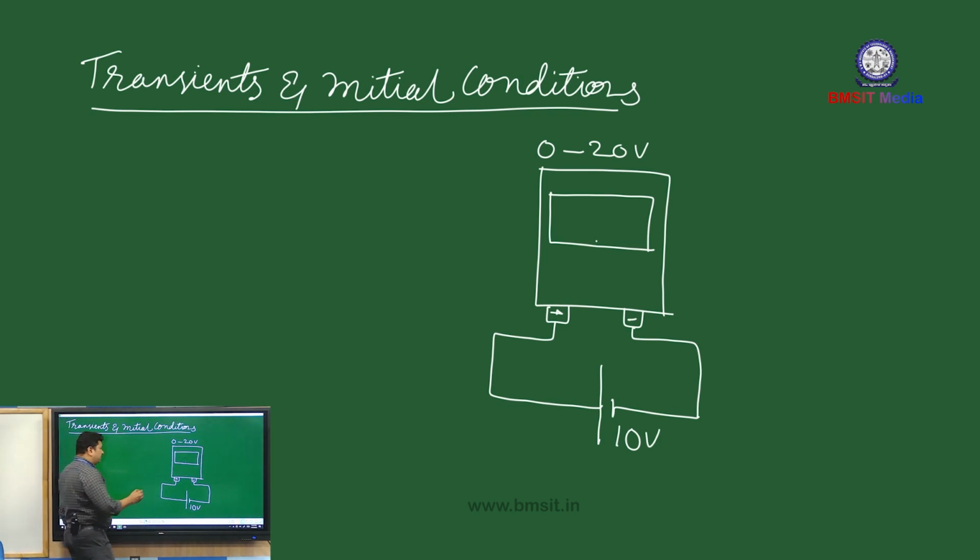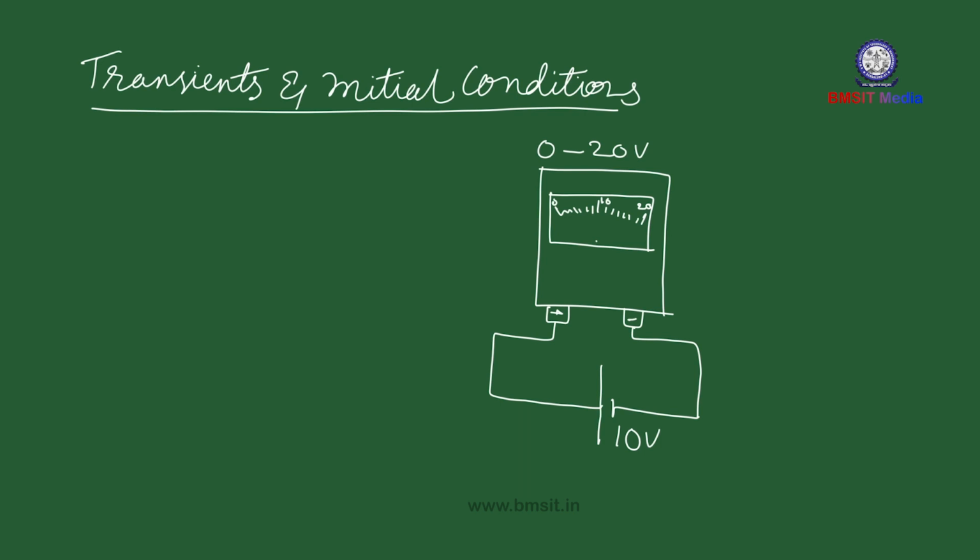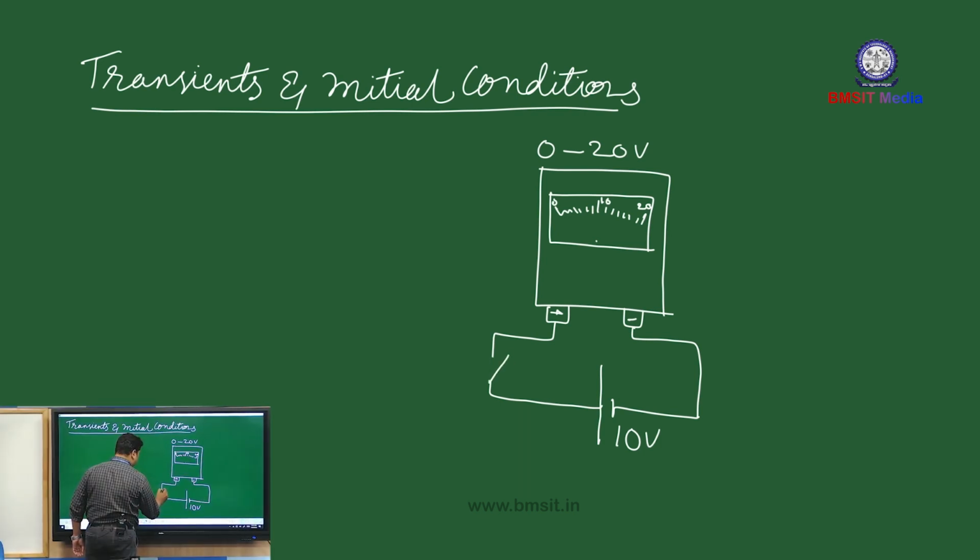Okay. Now if I see the marking of this voltmeter, there are continuous markings. At the middle I will see 10 volts. This will be 0, this will show 10, and this will show 20. Now suppose I use a switch in series with the battery.